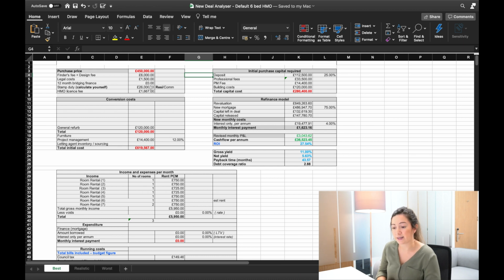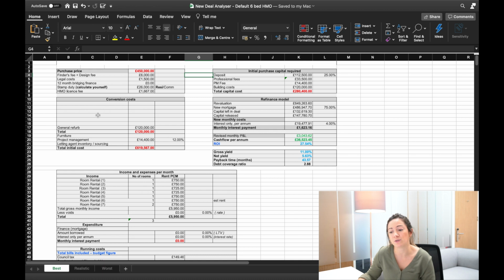Obviously there's the extra 3% at the moment for stamp duty for investors or second homeowners, and then any HMO license fees might come in there. Personally, I don't know why the HMO license fee is there, because to me it's not really part of the purchase price, but it works, it's fine, we haven't changed it.